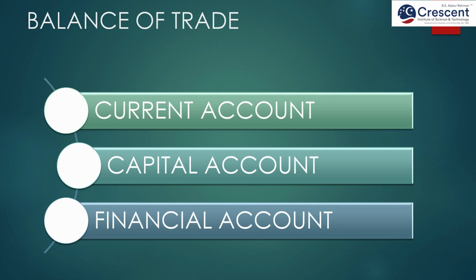The financial account. The financial account consists of asset inflows and outflows such as international purchases of stocks, bonds and real estate. When exports and imports are in balance or equal, we have a balance of trade.